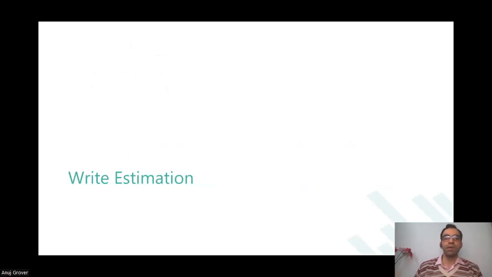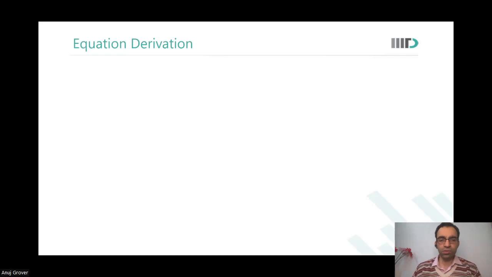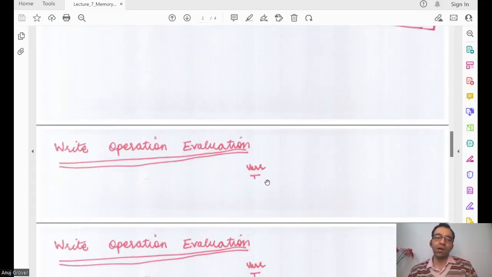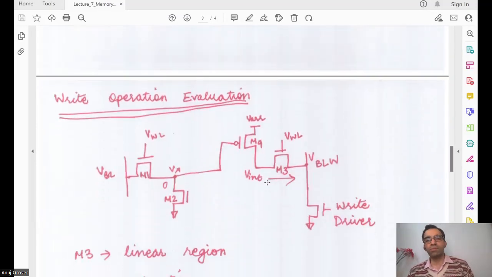Okay. So let's also similarly look at the write operation. What happens in the write operation? We looked at the read operation first. Now we look at the write operation. Over here, we make these 4 transistors there.